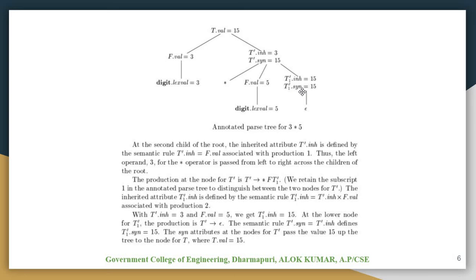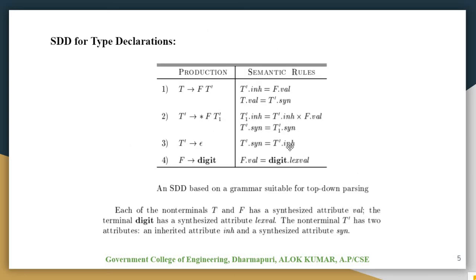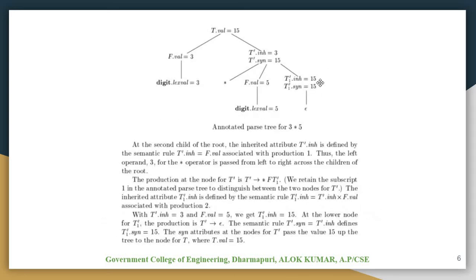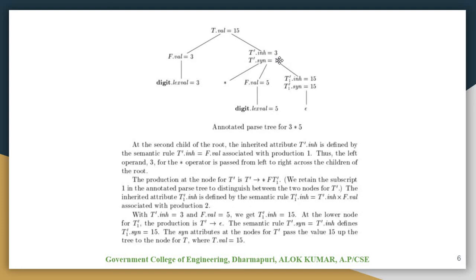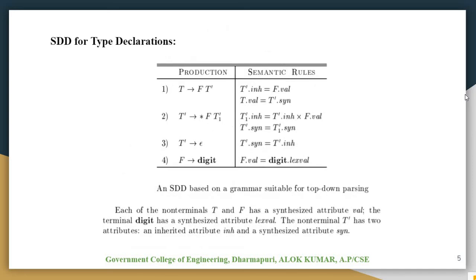Now we find T'.syn. The inherited value will be the same, and its synthesized value will be 15. In this manner we can evaluate this expression. So this is SDD for type declaration. Thank you.